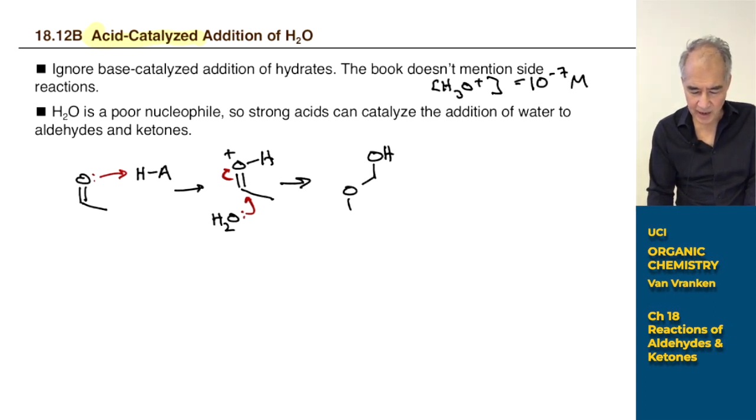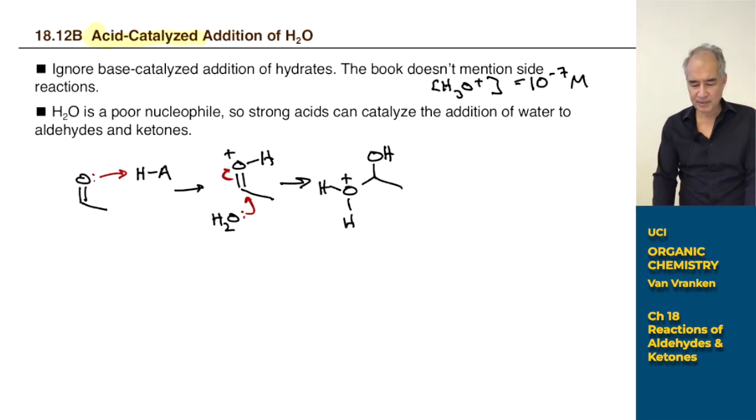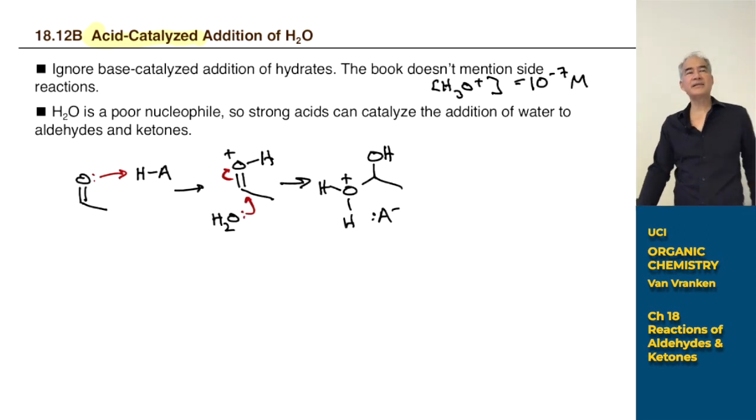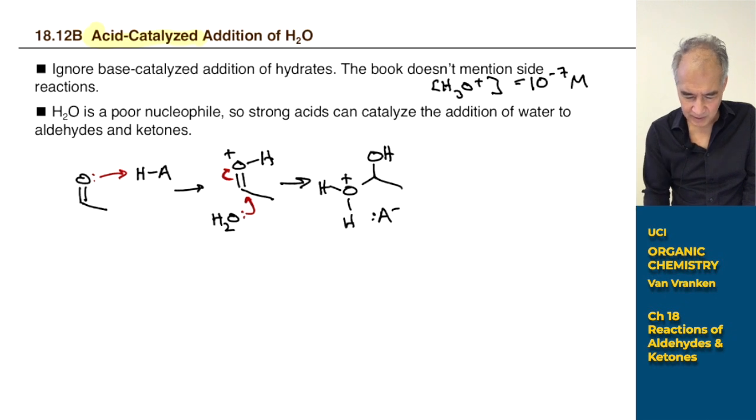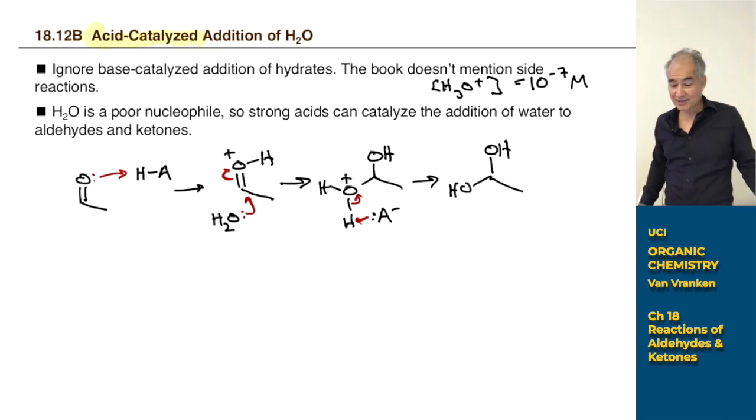Now I'm going to draw the OH bonds here because you can tell I have to remove one of these protons from that oxonium, the new oxonium O+. So let me go ahead and draw out our A-, the conjugate base that's left over from our acid, because I'm going to use that to regenerate my acid catalyst. I'm going to use A- to pull off that proton, and now we've regenerated our acid catalyst, and we've generated that hydrate functional group. And this is an equilibrium.